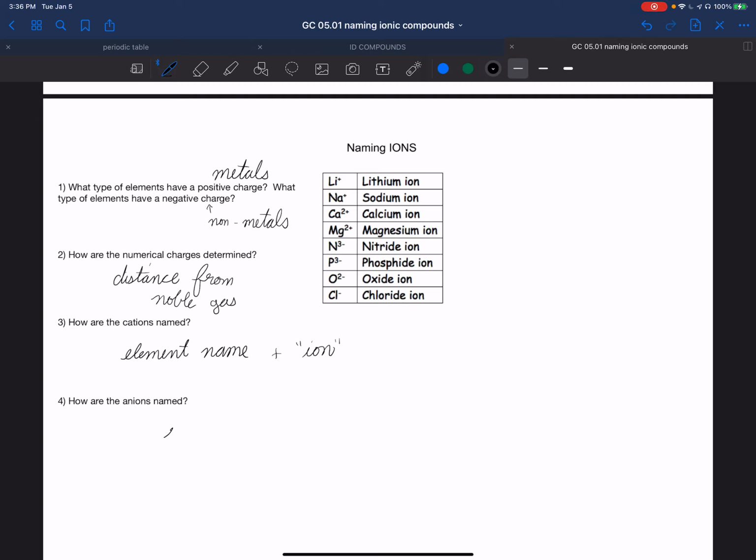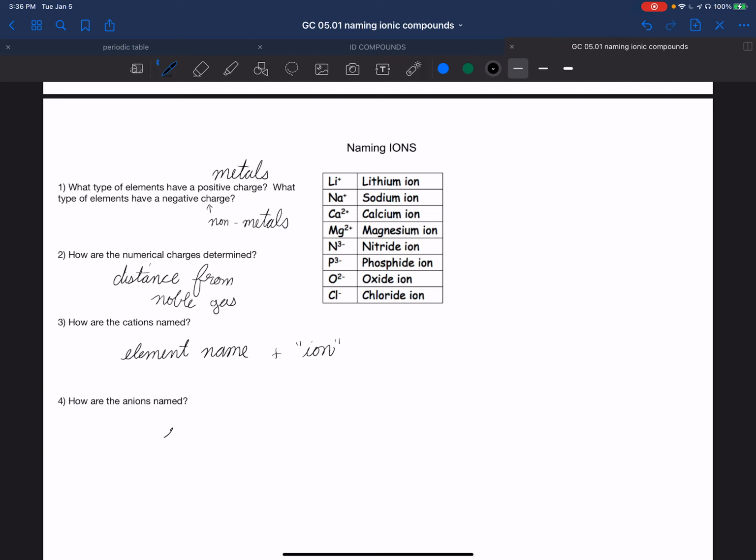That's naming ions. So if I wanted to, for example, do the ion that tellurium would tend to make, why don't you give that a shot? Tellurium's number 52. See if you can figure that one out on your own. So tellurium is 2 away from xenon, so it's going to gain 2 electrons.